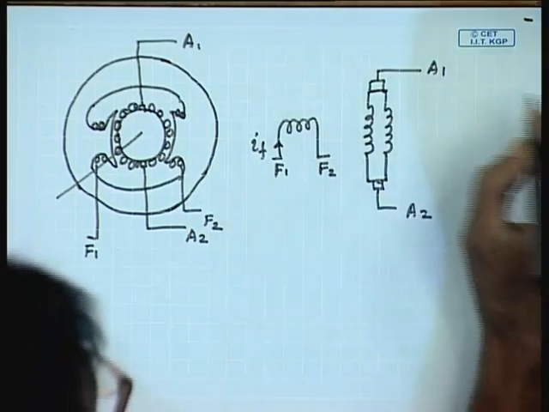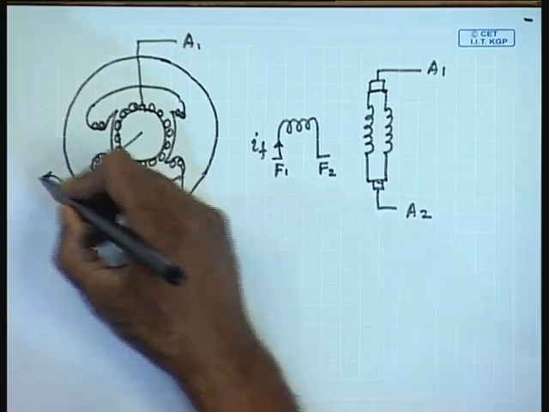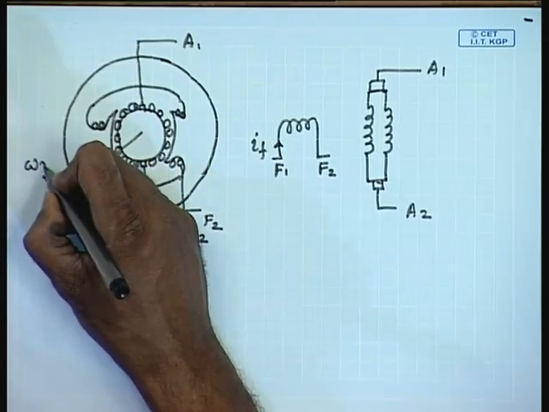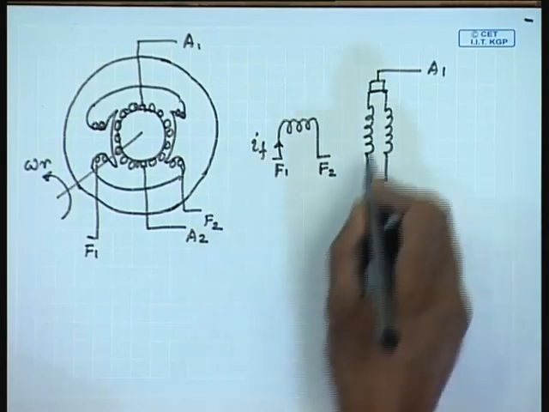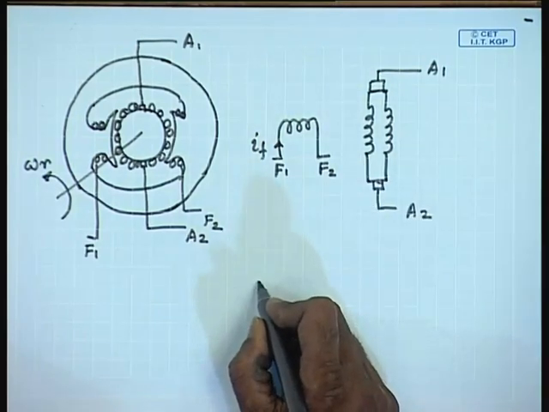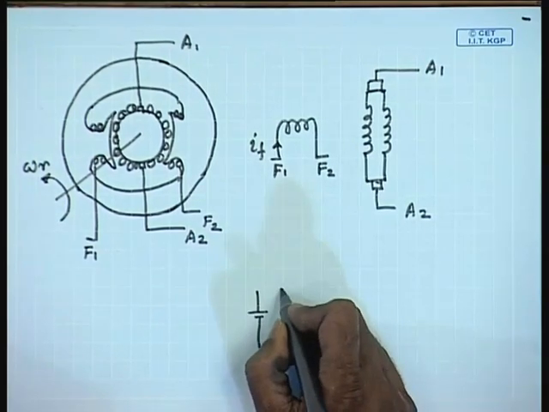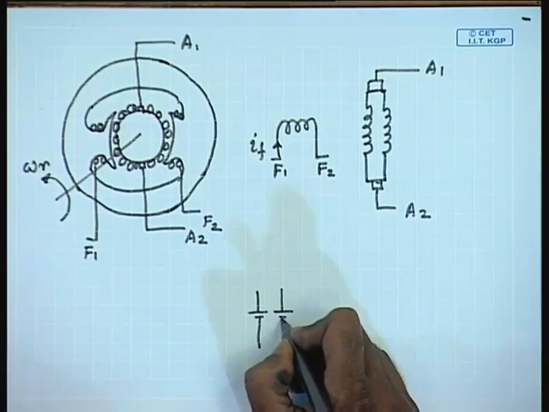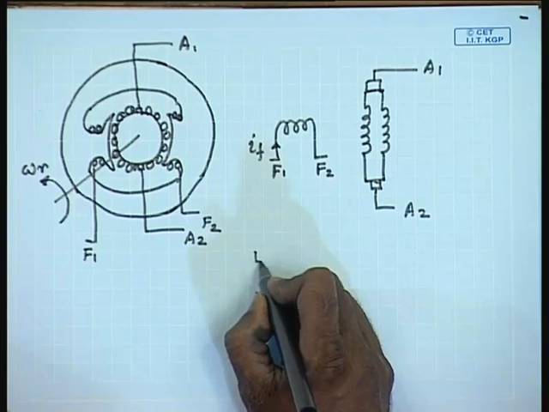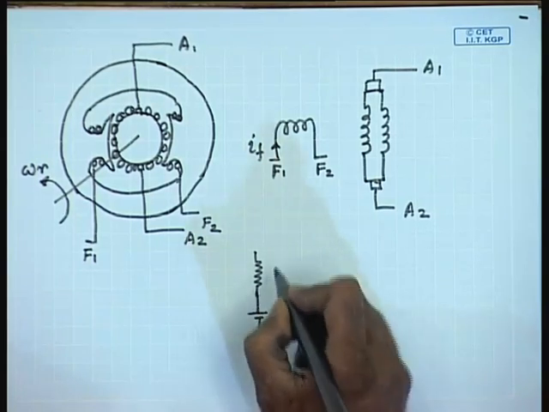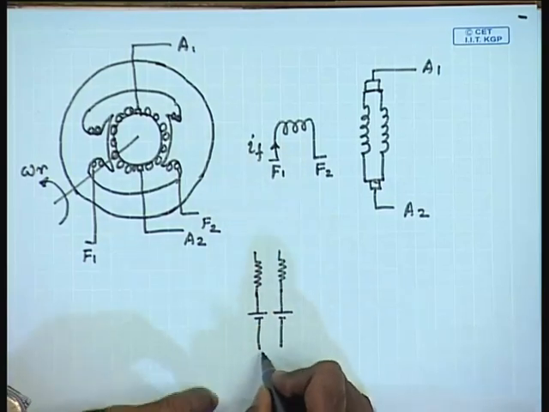Now, if this armature is rotated at a speed omega r, then we have seen that each of these parallel paths will have an induced voltage, and of course, the windings will also have their resistance as well as inductance.